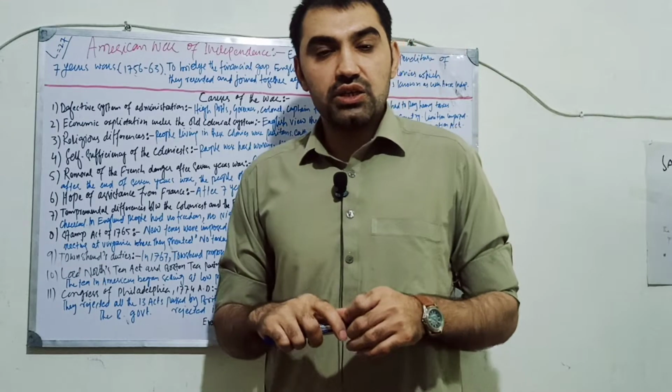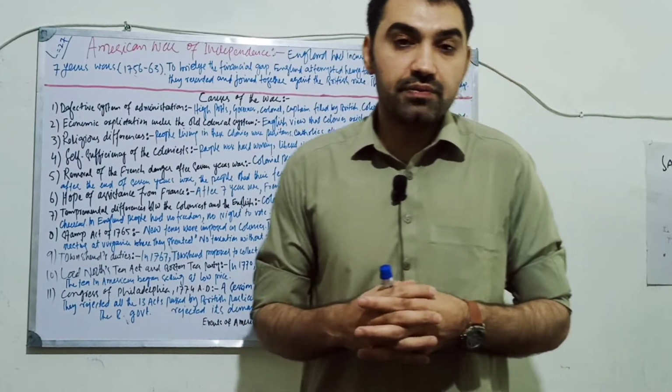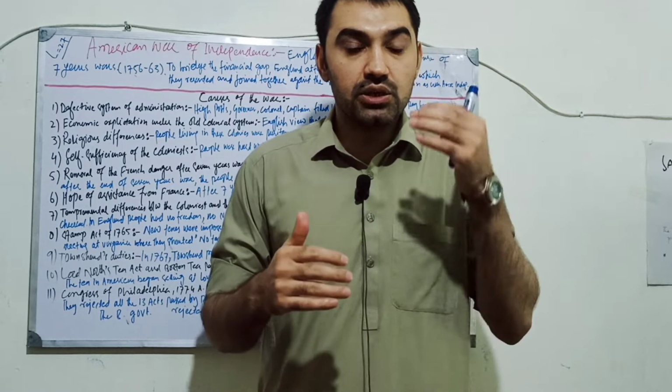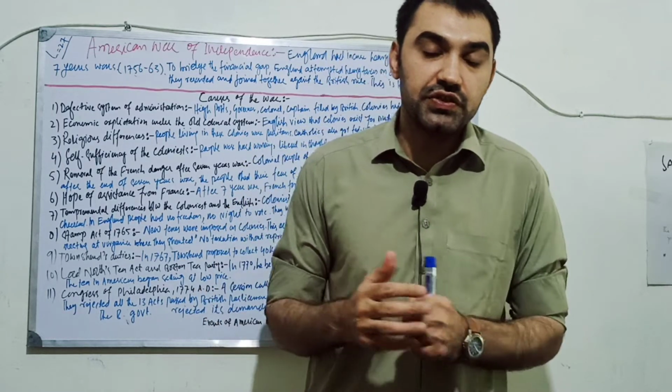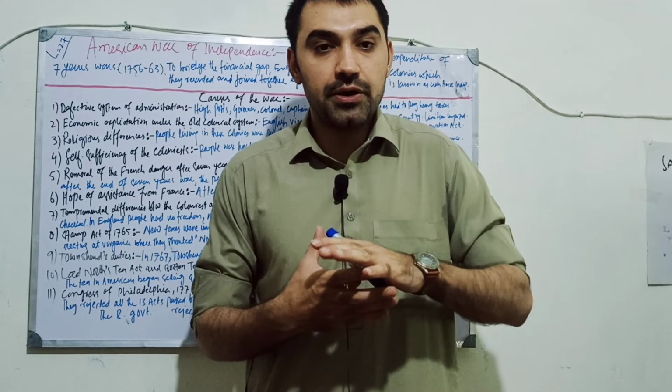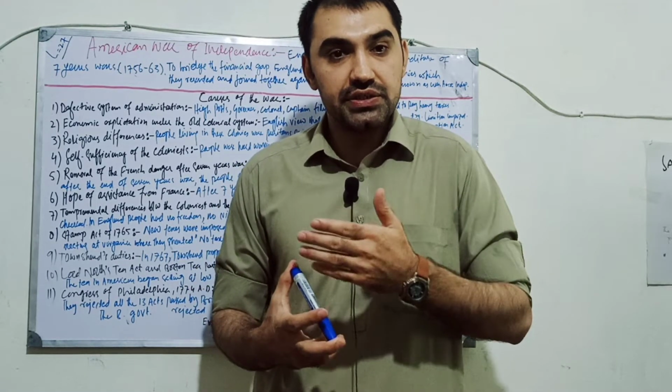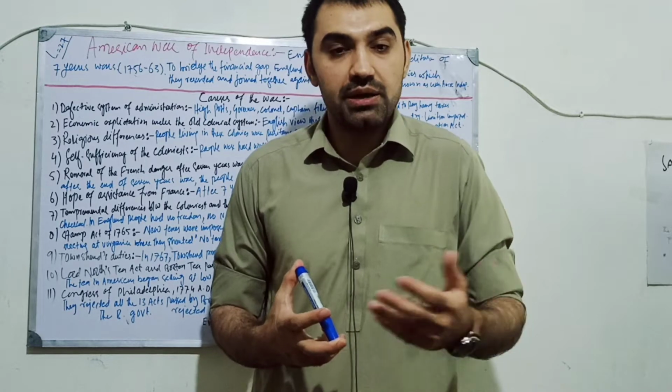Catholics, on the other hand, also got fed up, because the Catholics were very badly treated after the Glorious Revolution in 1688, because James and his descendants were Catholics by faith.